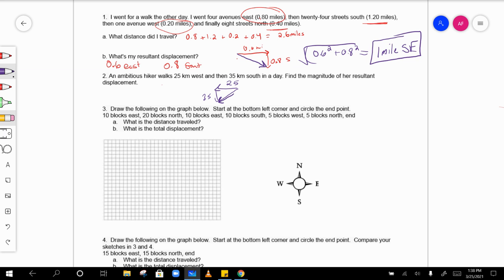We know the direction is going to be southwest, and then it's 25 squared plus 35 squared, the square root of that, and we get 43. So we wind up 43 kilometers southwest of where we originally started.